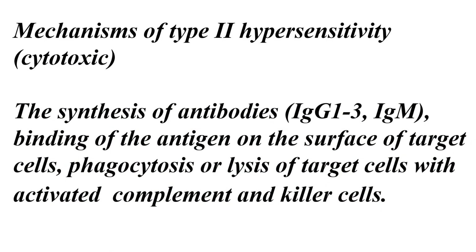Mechanism of the second type hypersensitivity reaction, or cytotoxic reaction: there is the synthesis of antibodies IgG1, 2, and 3 and IgM, binding of the antigen on the surface of the target cell, and phagocytosis or lysis of the target cell with activated complement and killer cells.